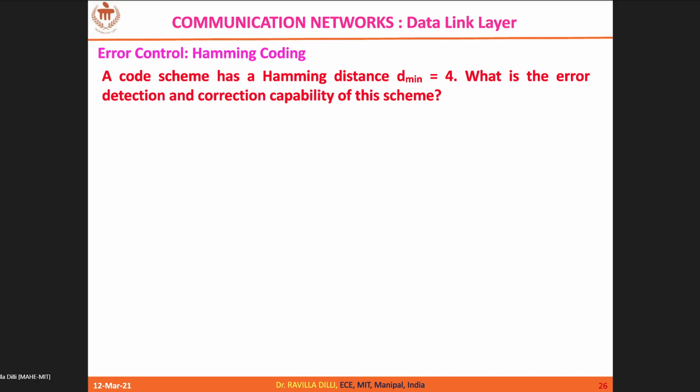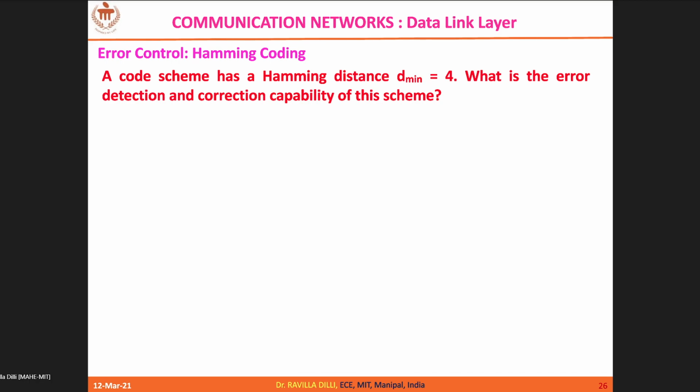Is the answer 5 and 2? Come again? Is the answer 5 and 2? What do you mean by it? 5 errors you can detect and 2 errors you can correct. Is it so? Yes, sir.